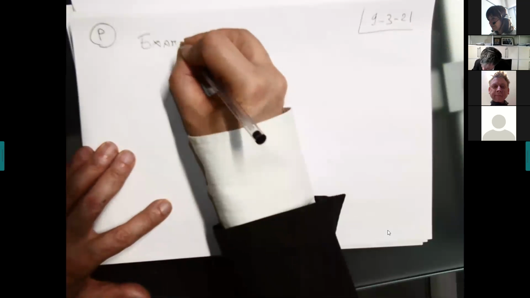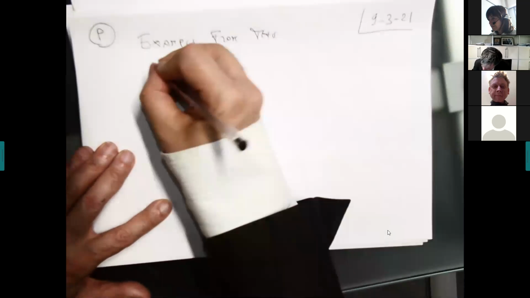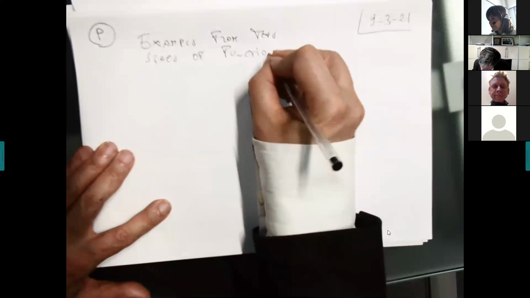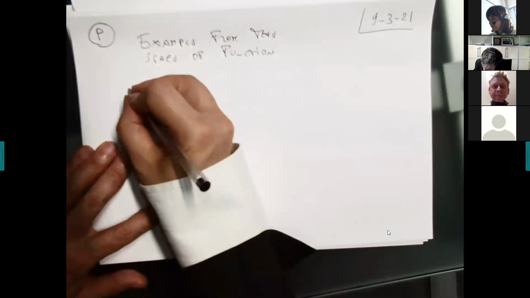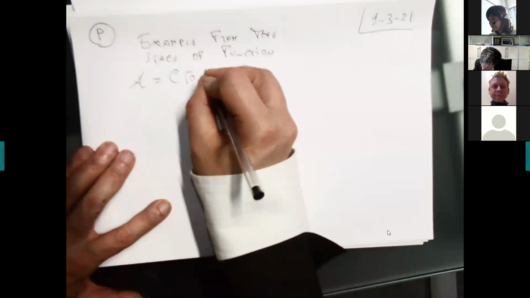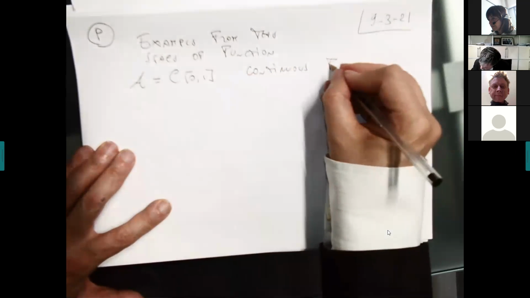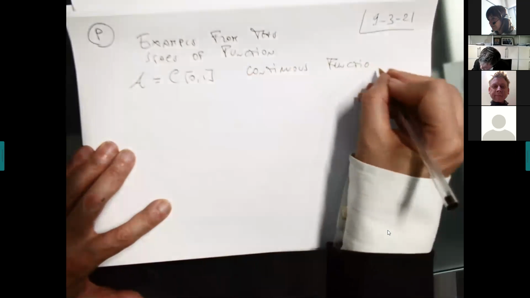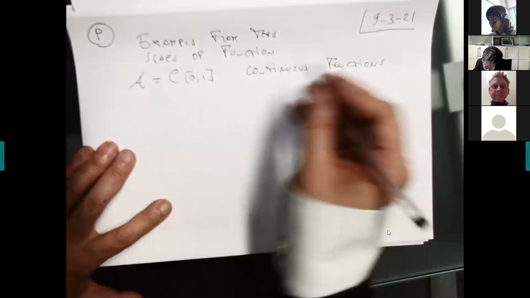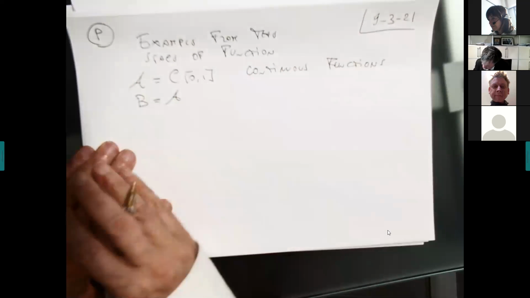Example from the space of functions. Consider as space A, C01, so continuous functions, and as B the same space, okay?